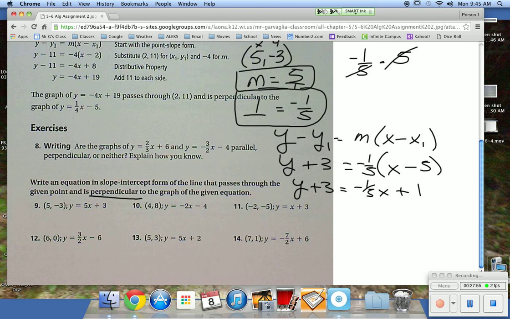Oh, this is a negative 5 here, I'm sorry. And my negatives make it plus. I end up with a plus 1. All right? For y, I subtract 3 from both sides. Y equals minus 1/5 x minus 2. There's my final answer.